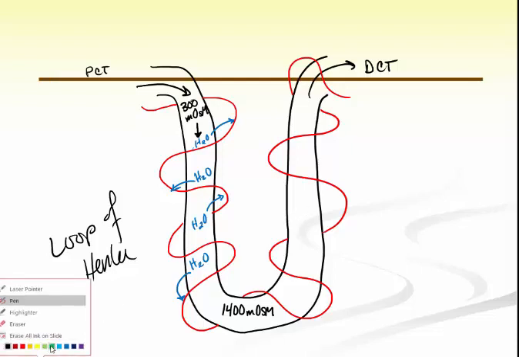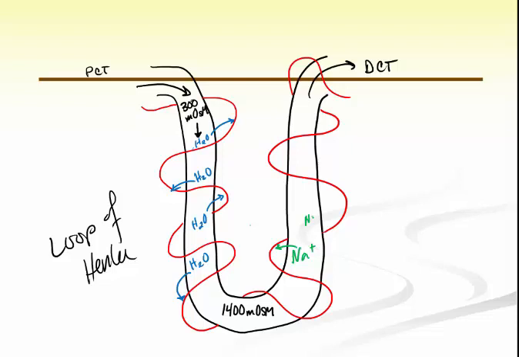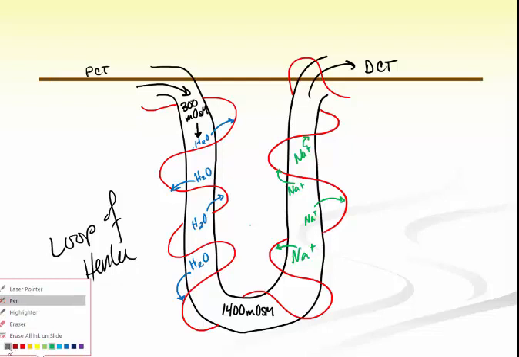Now, on the way back out of the loop of Henle, up the ascending limb, water is impermeable. Clearly, some of it can get through by simple diffusion, but that's a very small amount compared to transport. So on the way back up, we primarily reabsorb sodium. So sodium is going to leave the filtrate and go into the peritubular capillaries. So what happens if we have a solution and we don't do anything to the water, but we remove solute?